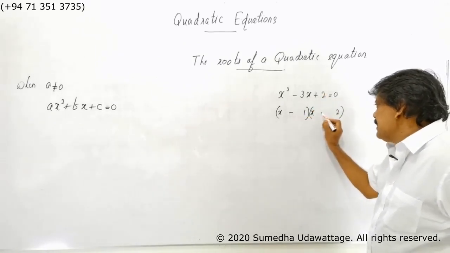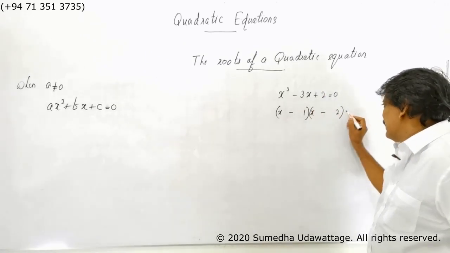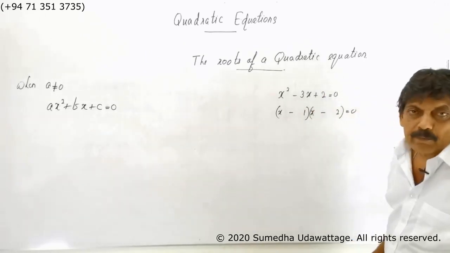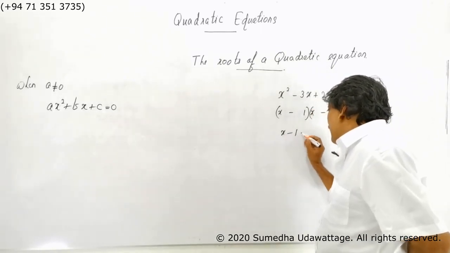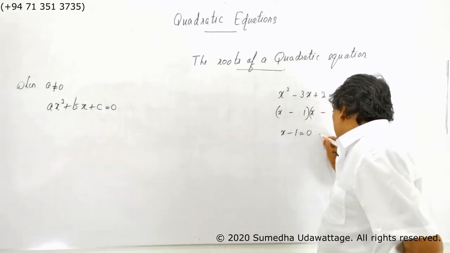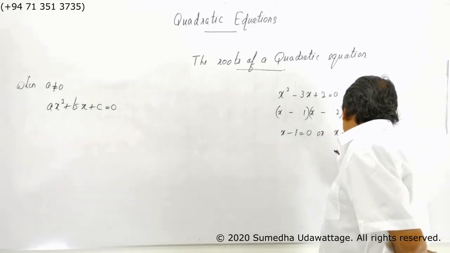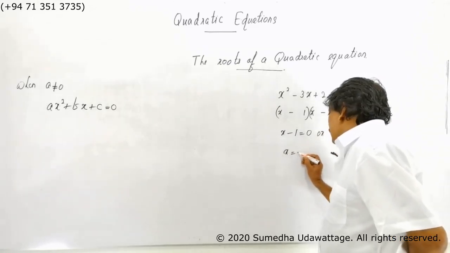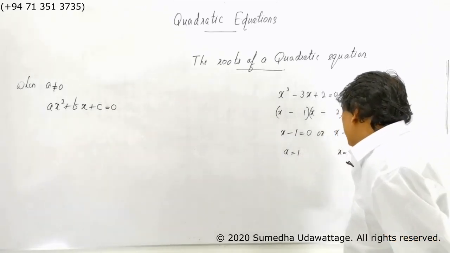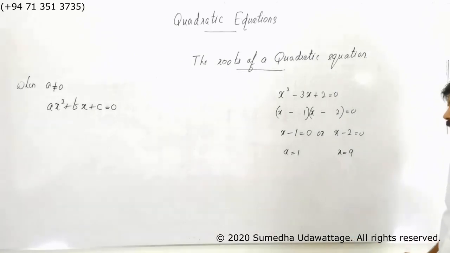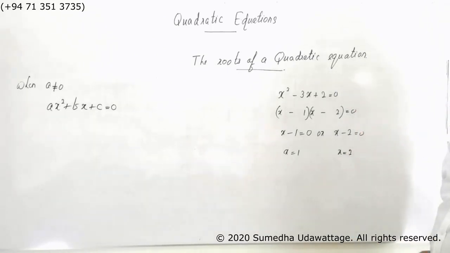You take minus, then minus 1x minus 2x is minus 3x is equal to 0. Now for this to be 0, either it has to be x minus 1 is equal to 0 or x minus 2 is equal to 0, so x is equal to 1, x is equal to 2. This is ordinary level mathematics. x is equal to 2. These are the roots of this equation.